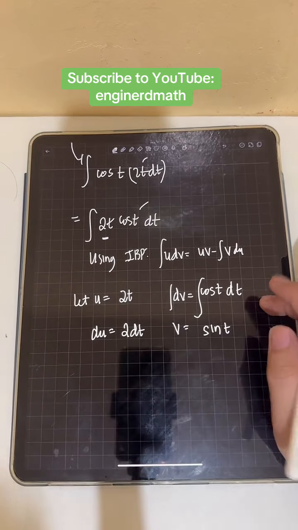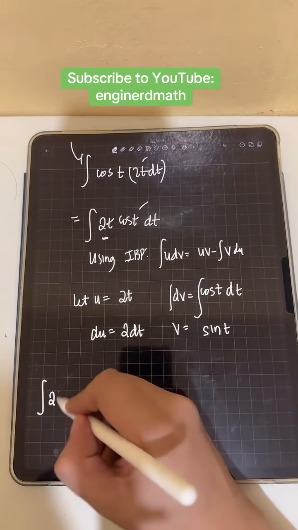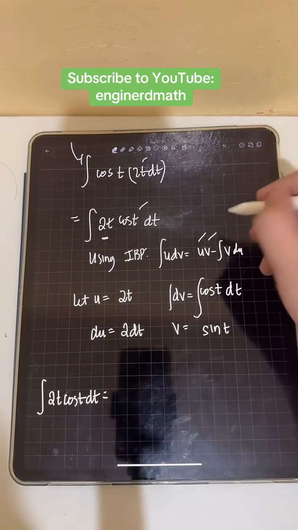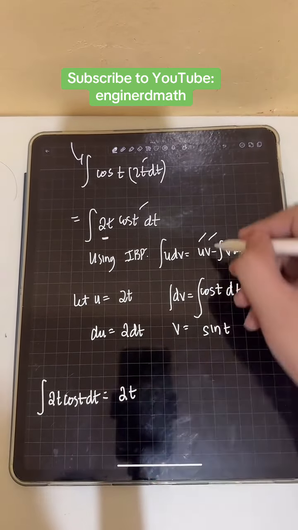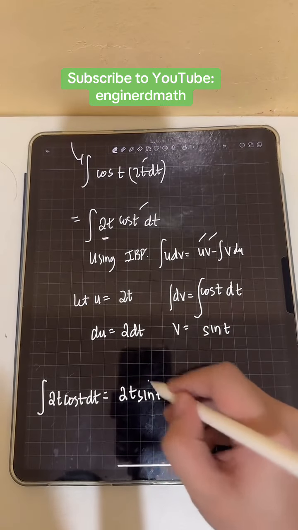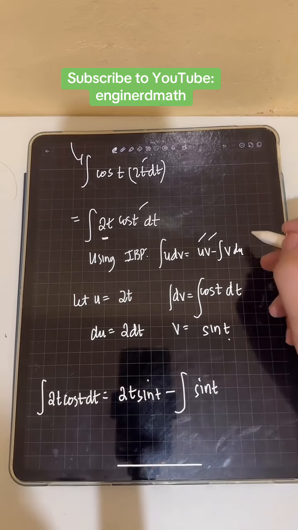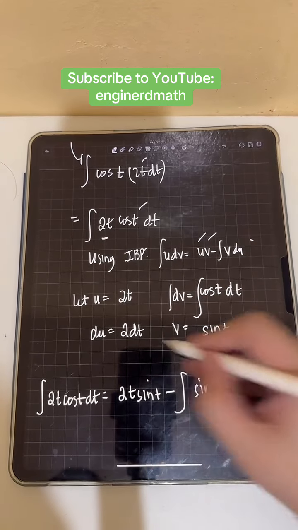positive sine t. Now, applying integration by parts, the integral of 2t cosine t dt is equal to uv, u is 2t times v is sine t, then minus the integral of v, which is sine t, times du, 2 dt.